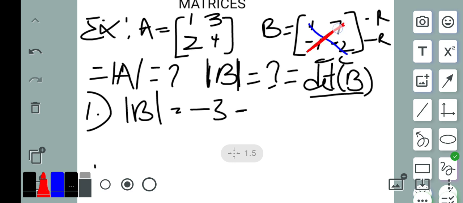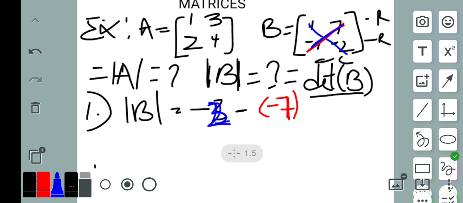7 times minus 1 will give me minus 7. Sorry, 1 times minus 2 gives me minus 2, negative in the middle, and for the other side, it is 7 times minus 1, which gives me minus 7.